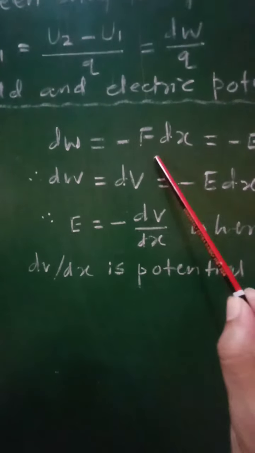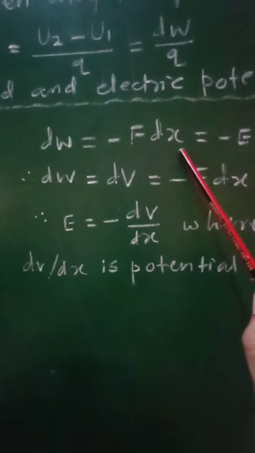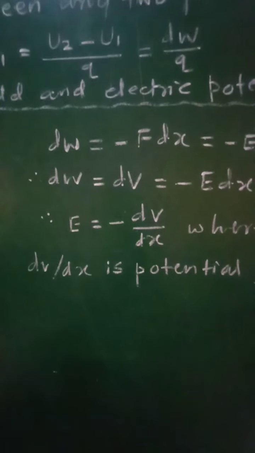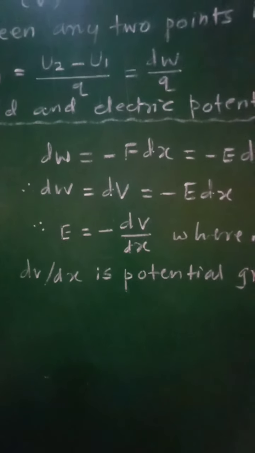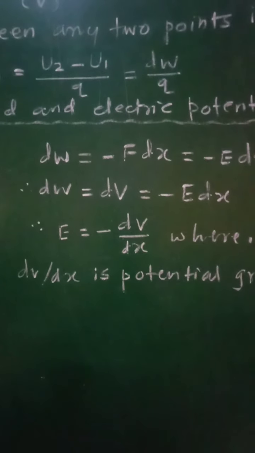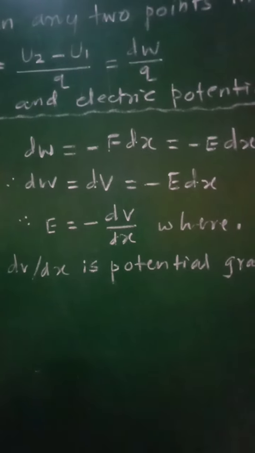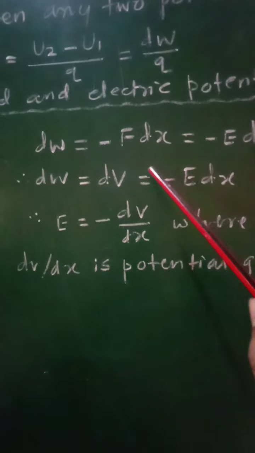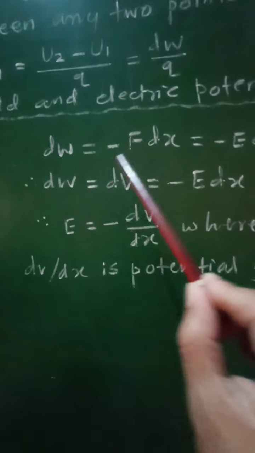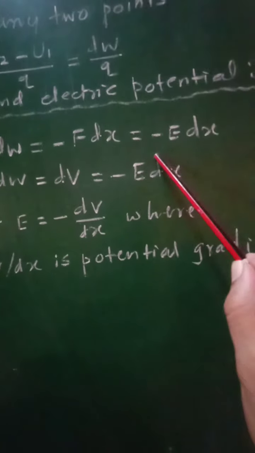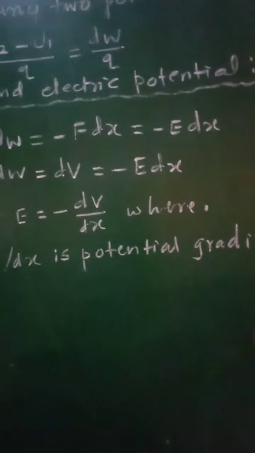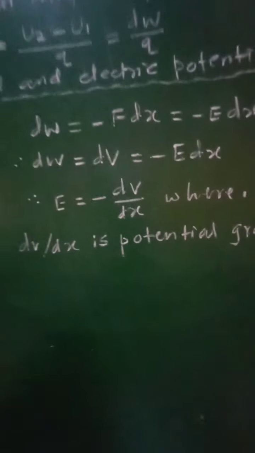This negative sign indicates that force and displacement are oppositely directed, because force is acting towards M and this displacement is from M to N. As they are oppositely directed, there will be a negative sign. So dW equal to minus F dx is also written as minus E dx, where E is the electric field.